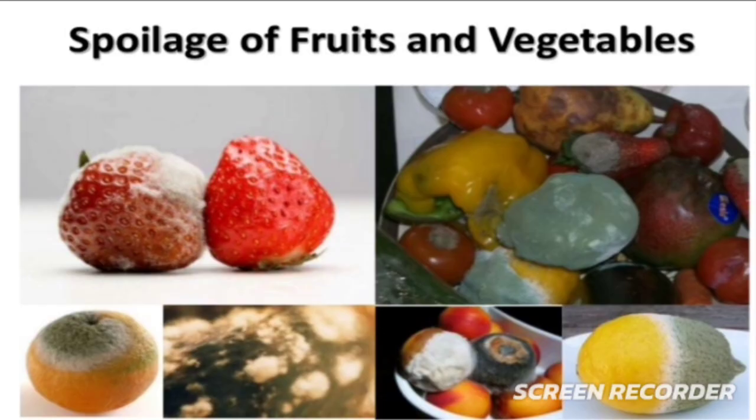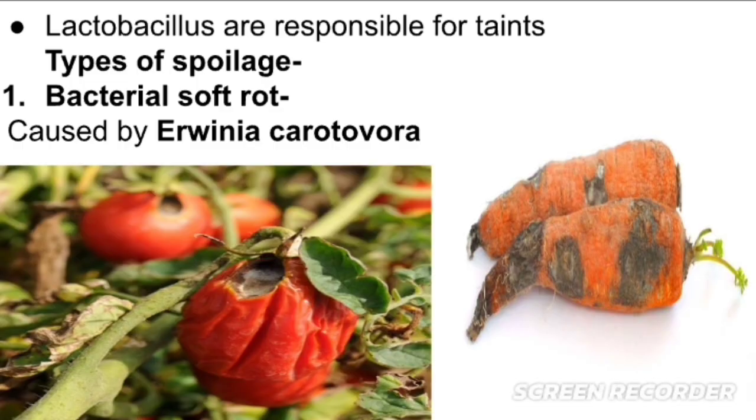Now next we will study the spoilage of fruits and vegetables. There are different types of spoilage, for example bacterial soft rot, which is caused by Erwinia carotovora, as you can see in the image. These are spoiled by bacterial soft rot.